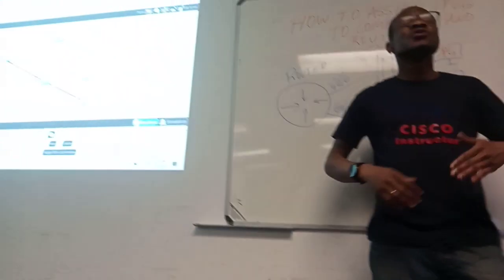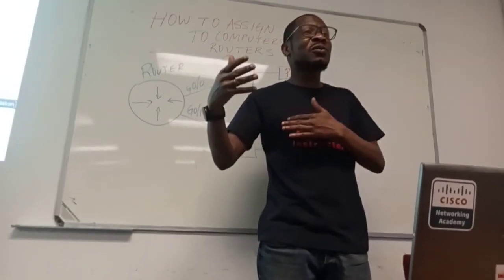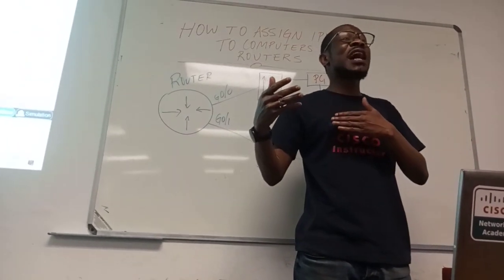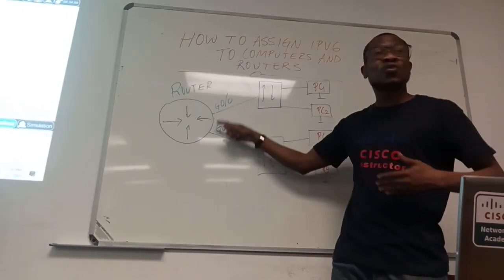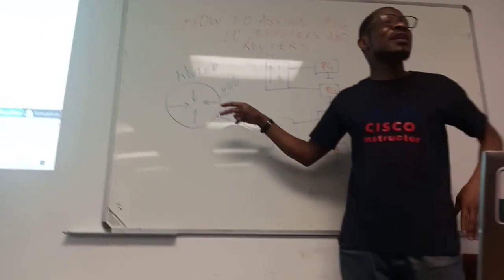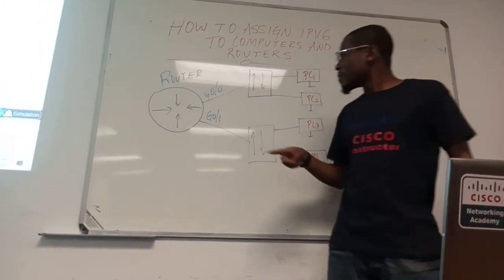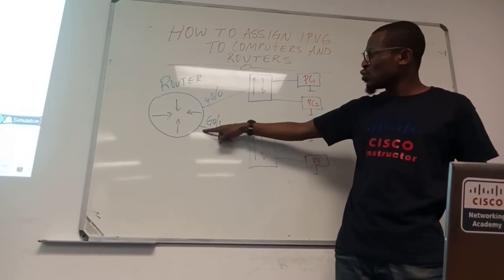Right? Now we are going to access the router, right? From the router now, we are going to configure what? IP version 6 for those two ports. Right? Guys, please, what we are going now to do, we are going to assign those two.